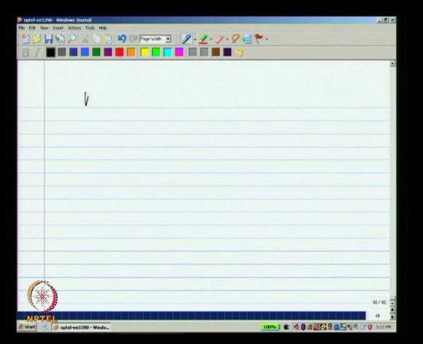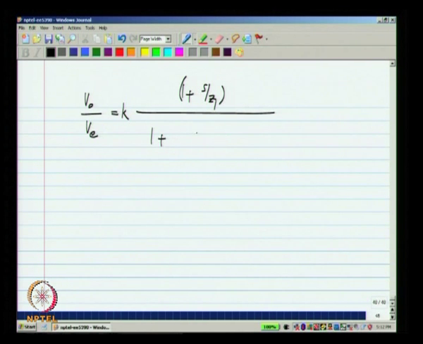If the loop gain has first order dependence, that is the case. That is what we have.